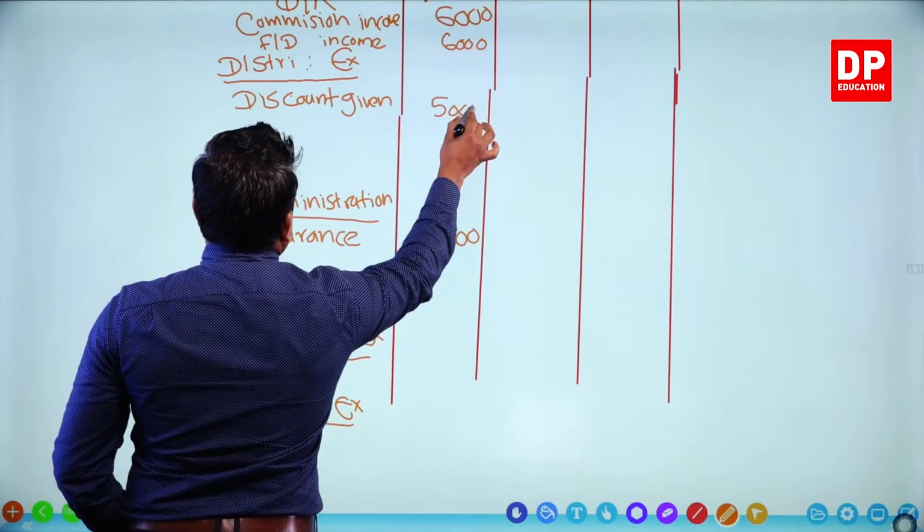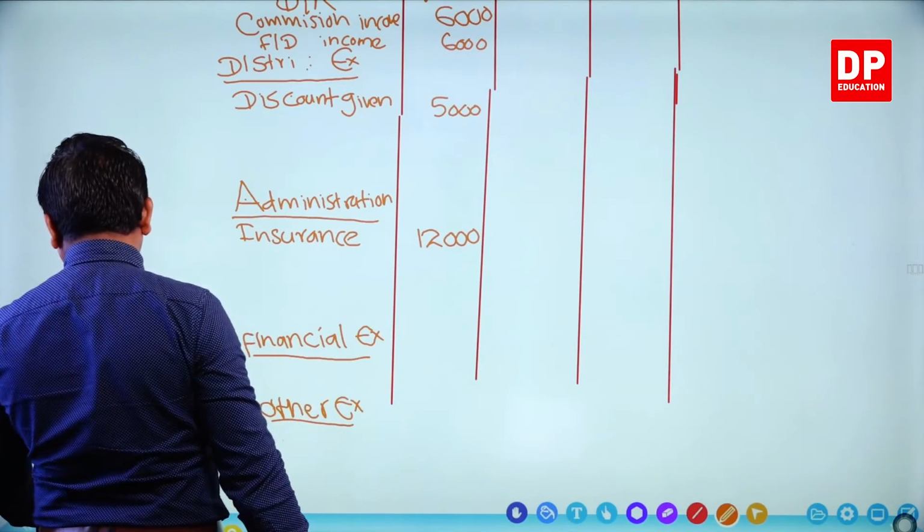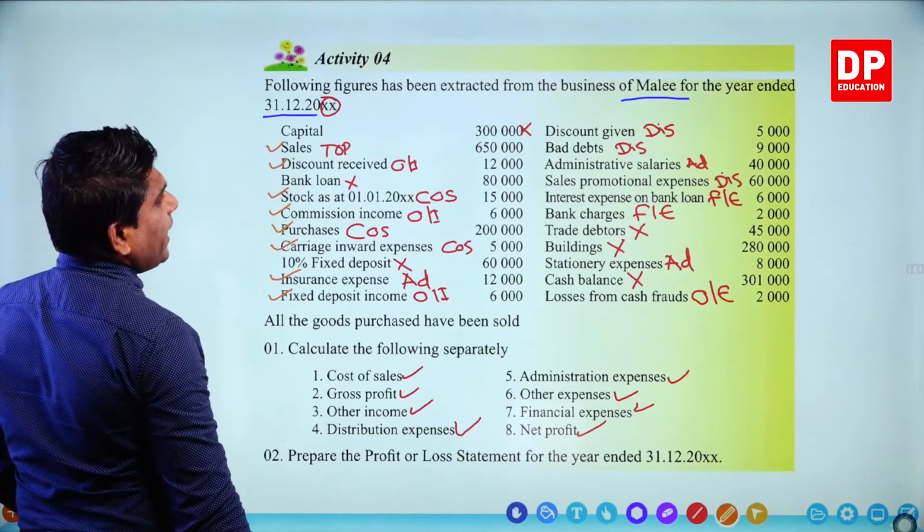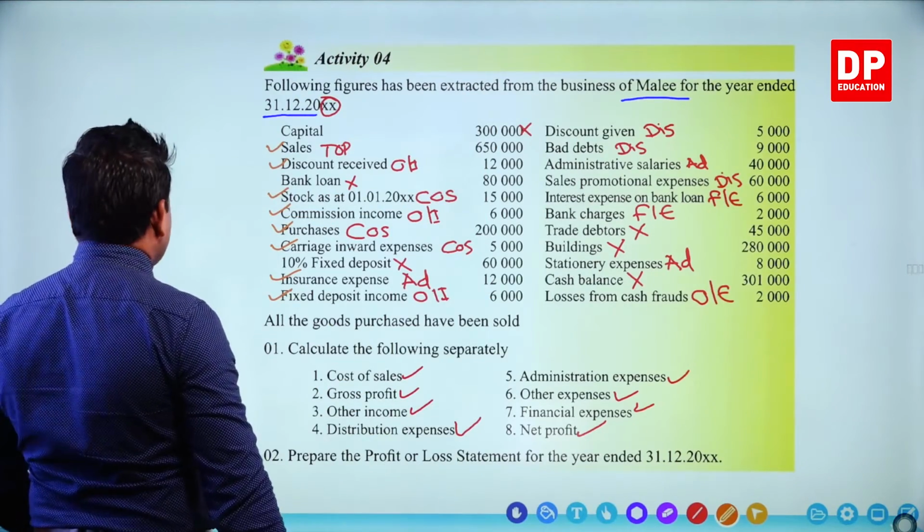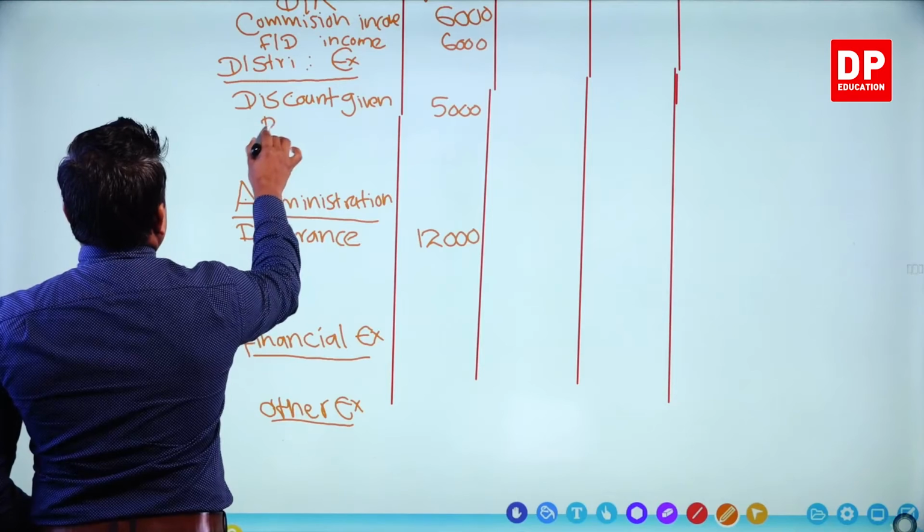It comes in the first column. Bad debts 9,000.